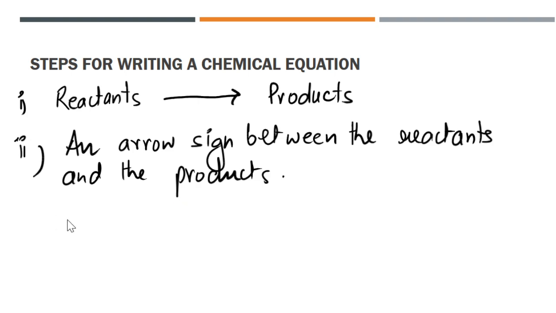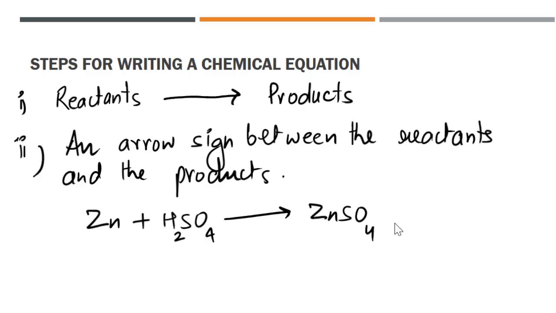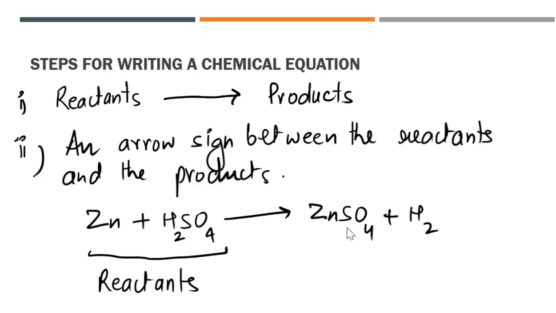For example, if you're writing over here a reaction between zinc and sulfuric acid, so this is going to give us zinc sulfate plus H2. So of course these are going to be the reactants, and these are going to be the products.